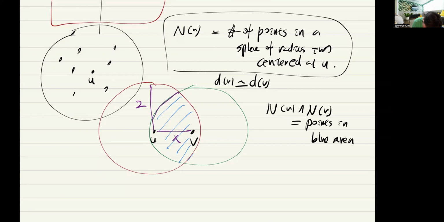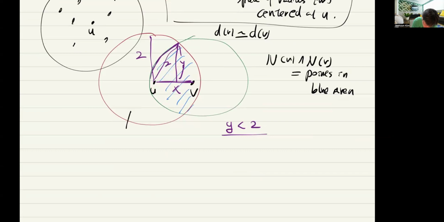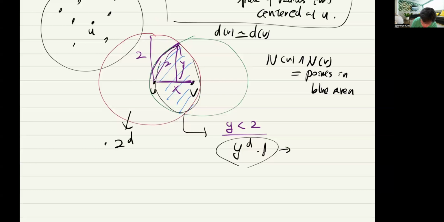This part, you can compute this y. This y is actually strictly smaller than 2, because this is 2 and this is x. You just do some Pythagorean theorem, and you can compute this once x is not too small. If we know the lower bound on x, you can get this upper bound on y, and you can consider the volume. Roughly, the volume of this is 2 to the d times some constant, and the volume of this blue part is y to the d times some constant. So for large d, this is exponentially small.